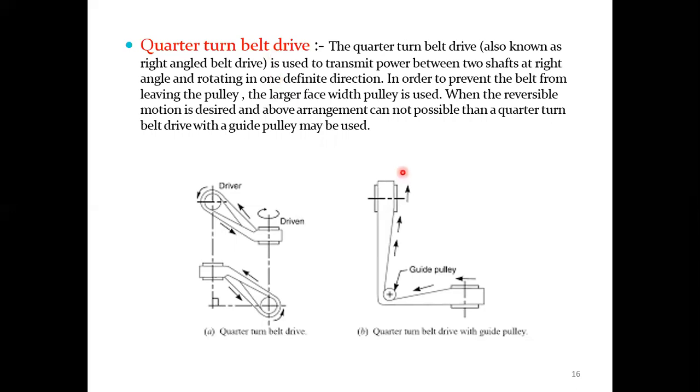When reversible motion is desired and the above arrangement is not possible, then a quarter turn belt drive with a guide pulley may be used. Here is the example for the quarter turn belt drive.